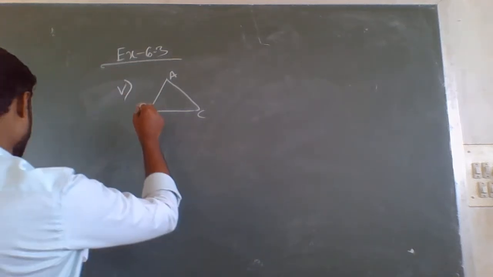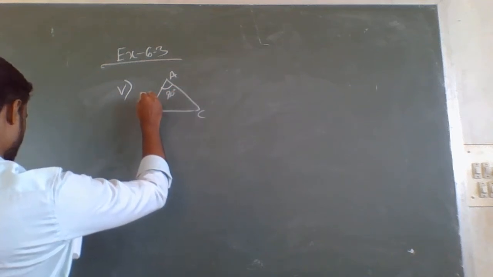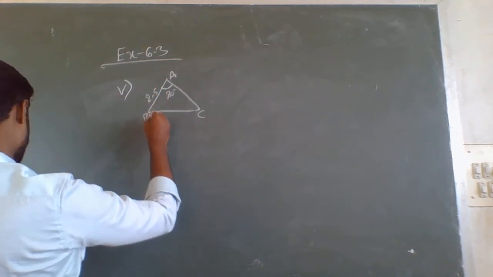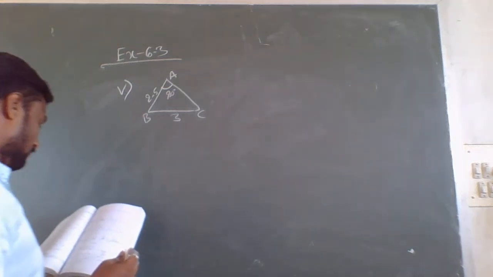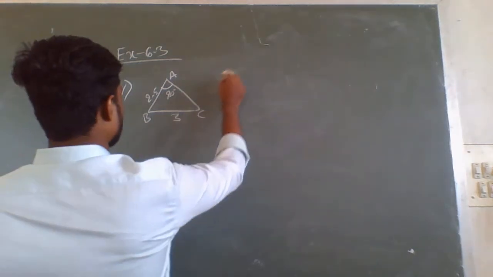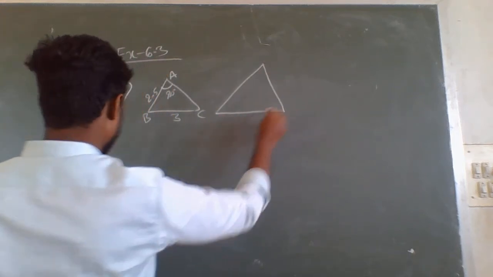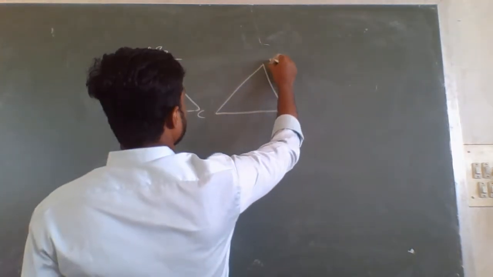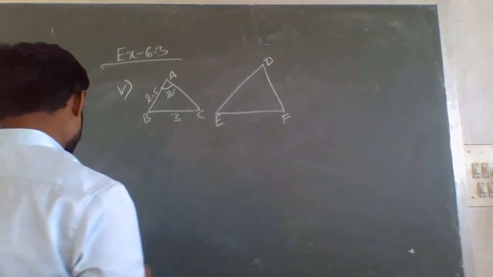This is triangle ABC. Here angle A is 80 degrees, this side is 2.5 centimeters, and BC is 3 centimeters. Here is triangle DEF.